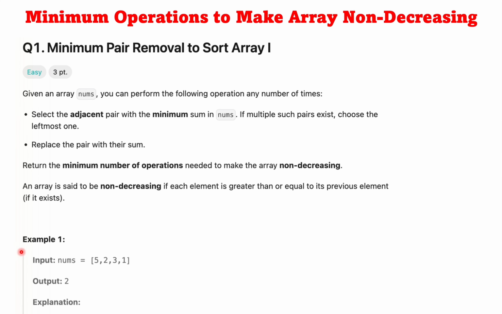In example 1, we are given nums = [5, 2, 3, 1], and the output is 2. The explanation says the pair (3, 1) has the minimum sum of 4. 3 plus 1 is 4, so we replace these two with 4, and the array becomes [5, 2, 4]. Similarly, the next step merges 2 and 4 into 6, giving [5, 6], which is non-decreasing.